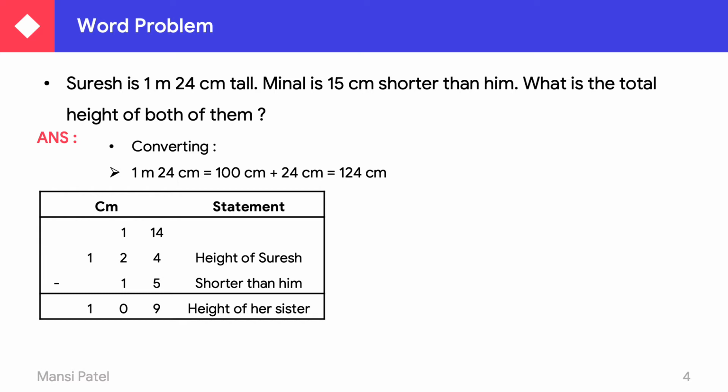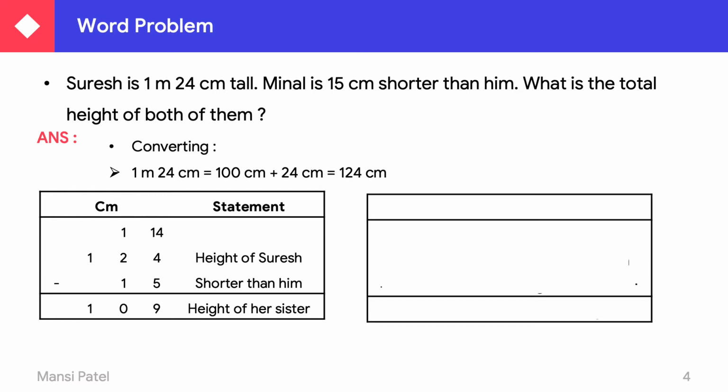Now we have to find out the total height of both of them. So we have to do the addition. For that, again draw one table, one side centimeter, another side statement. Then write down the height of Suresh. Here they were telling total height of both of them, that's why we have to do plus. Plus what? The height of Minal. So plus 109.